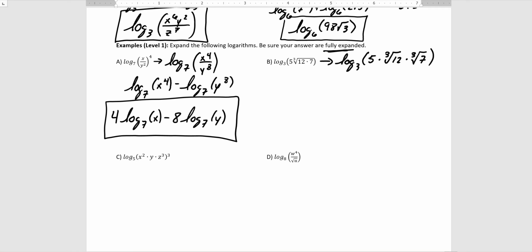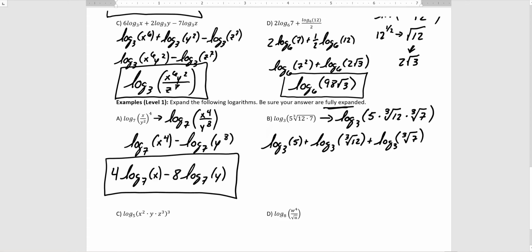Multiplication means addition. So I'm going to have log base 3 of 5 plus log base 3 of the cube root of 12 plus log base 3 of the cube root of 7. So now these cube roots are going to go away. Now let's refer to what we did up above.